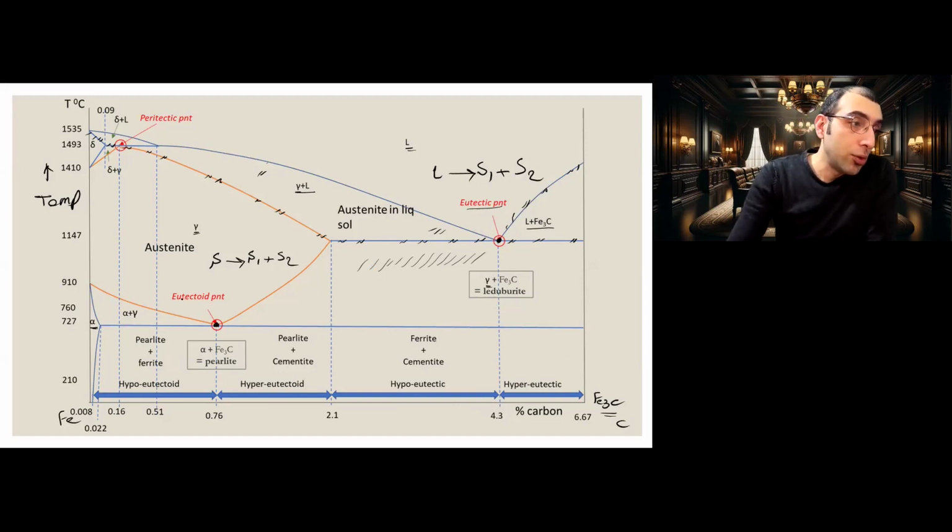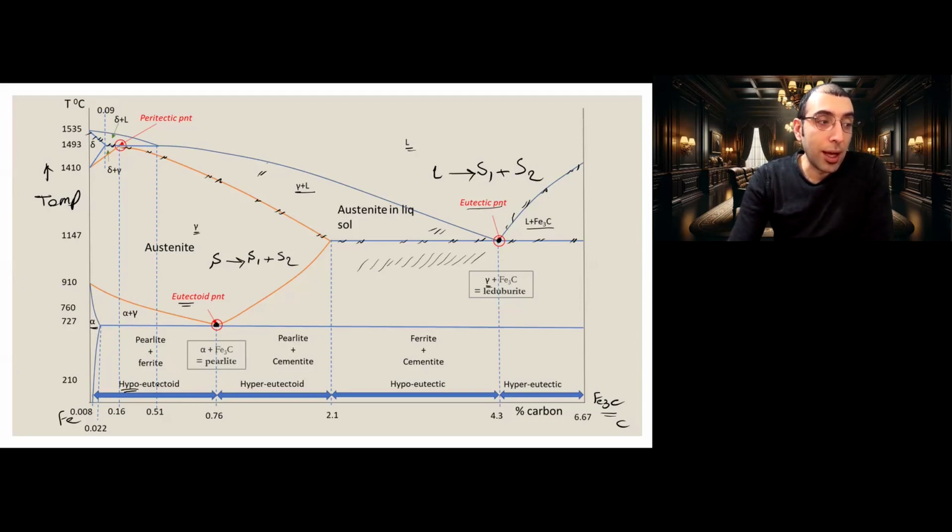Now let's switch to this eutectoid point, which is basically a solid being transformed into two other solids. So in here we have austenite going to ferrite and cementite. So here we have eutectoid. At this point, everything with a carbon composition lower than 0.76%, we call hypoeutectoid alloy.